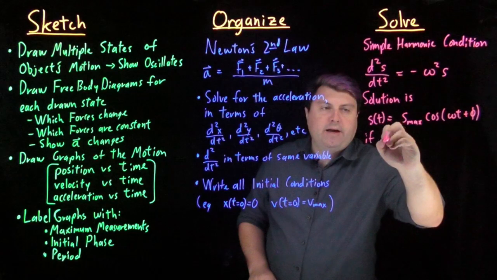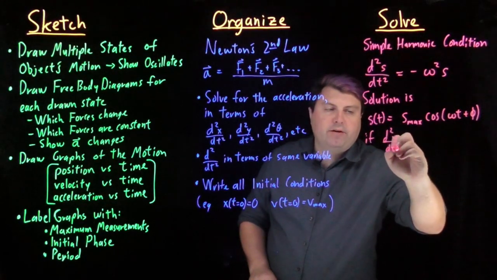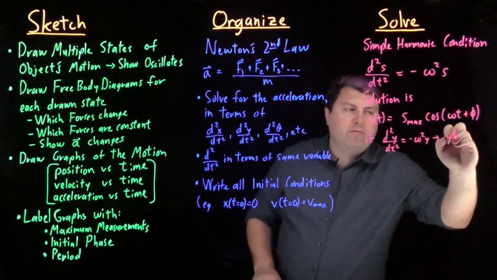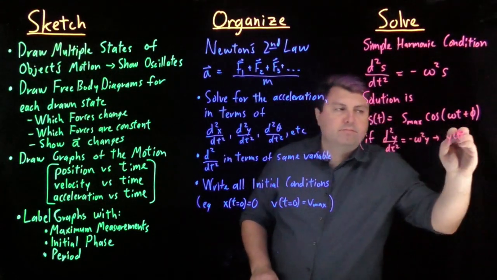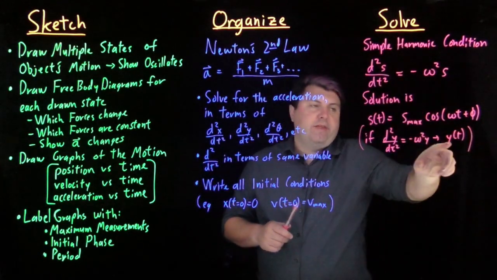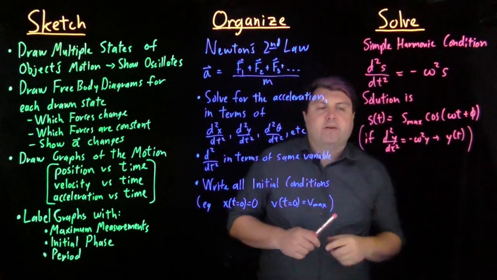And so if we had d squared y dt squared equals negative omega squared y, then we would have y of t. So whatever is the variable here, that is then our variable and our value here.